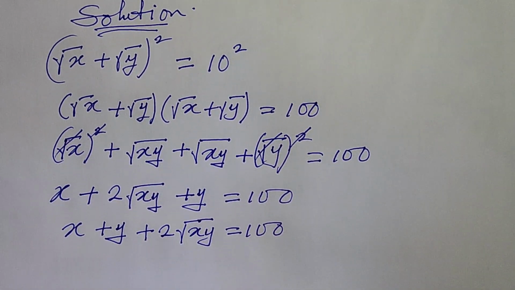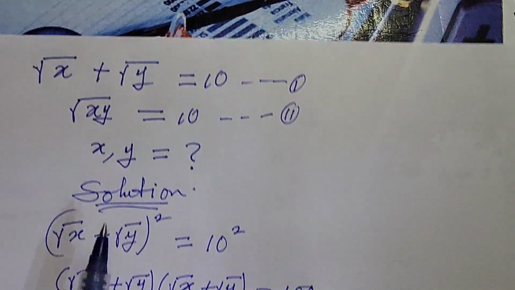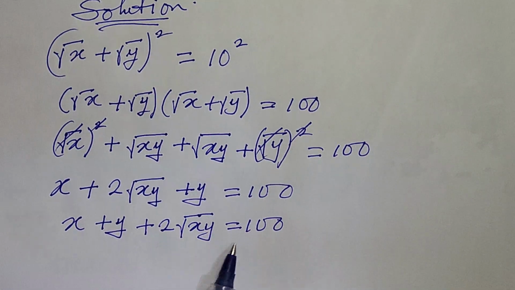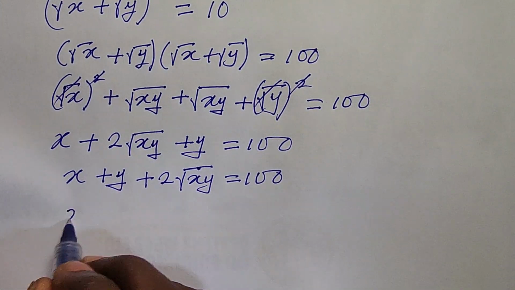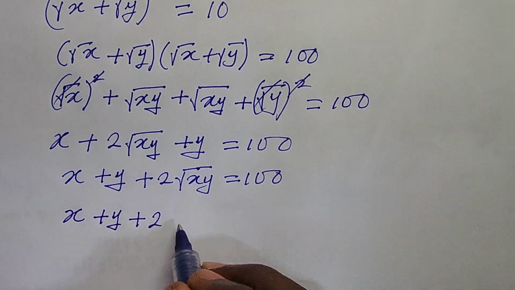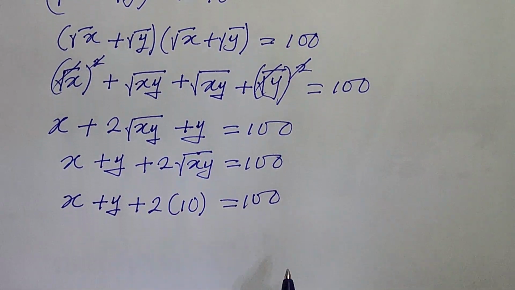But what can you see from here? We discover that we have root xy as our equation 2 here. So what is the value? It is 10. So we can put in 10 here. Give us x plus y plus 2 into 10 in bracket equal to 100.